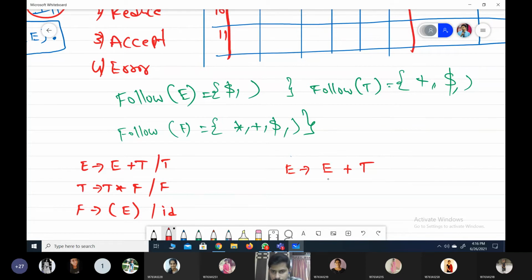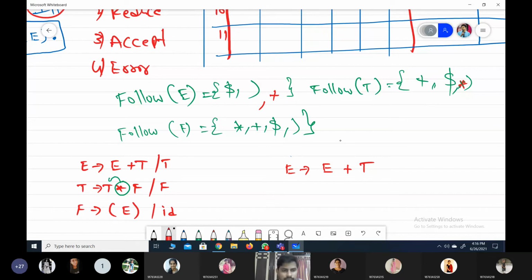What are the terminals that immediately follow the E? Plus, sir. That plus is also available in follow of E. Like that, if you cross check, you can identify that star is immediately followed by the T. So that means follow of T contains a star.